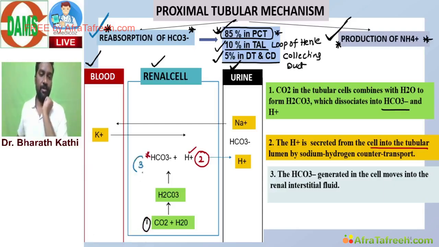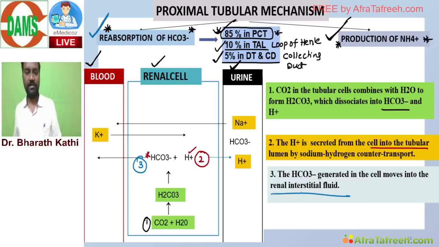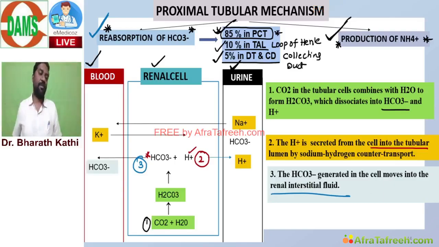So this bicarbonate generated in the cell moves into the renal interstitial fluid. This renal interstitial fluid is nothing but your blood, your body's concentration. Now bicarbonate has come into the blood. Now what happens in the urine?